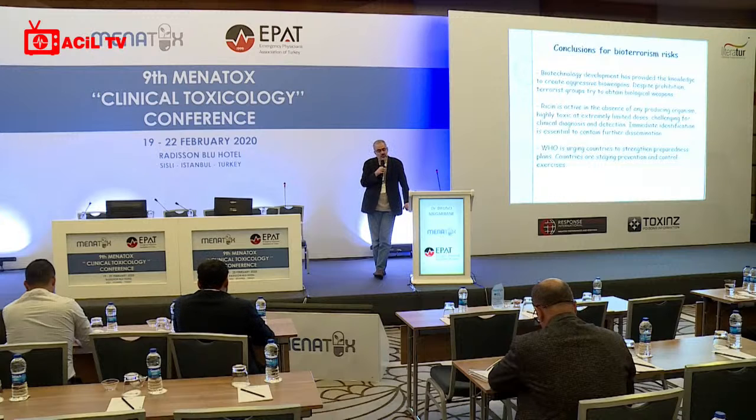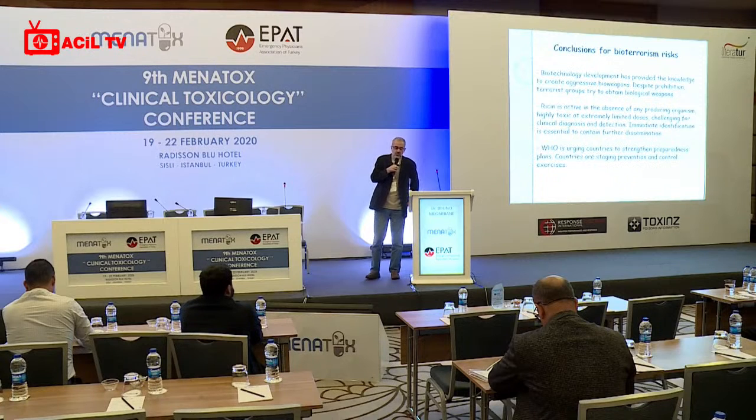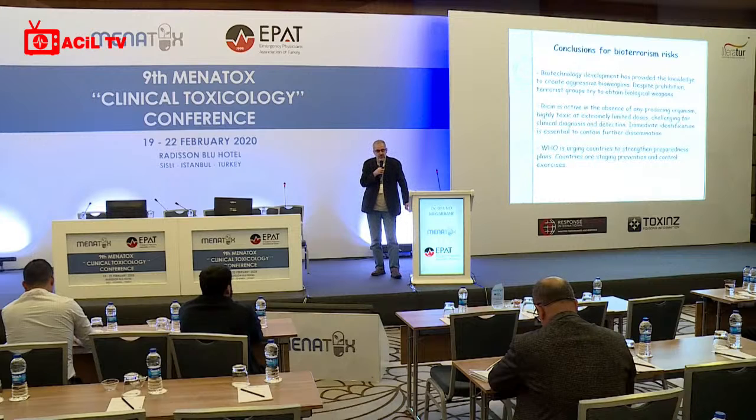And to date, some states or terrorist groups are accused of trying to obtain such biological weapons, despite prohibition. Ricin is active in the absence of any producing organism. It is highly toxic at extremely limited doses, and it represents a challenge for clinical diagnosis and detection.